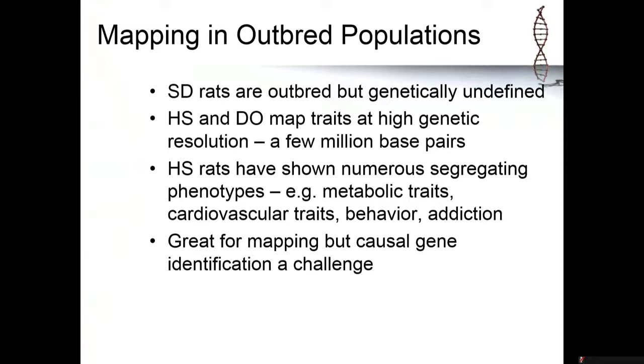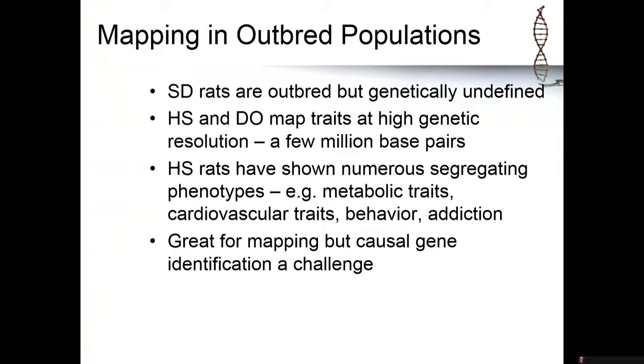You can map these traits at high genetic resolution to a few million base pairs or maybe a single gene. The heterogeneous stock rats have shown numerous segregating phenotypes, showing that they're susceptible to metabolic traits, cardiovascular traits, behavior, and addiction. So if the rat happens to be a more appropriate model for your question, it's a good way to go.